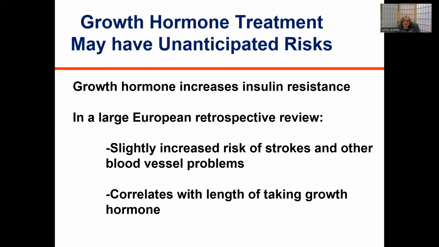So if you took it for 6 years, you had fewer problems than if you took it for 15 years. So it seemed like there was an association, and that might be so because insulin resistance is associated with some vascular problems that we're aware of. And so maybe this is true, but it's certainly a small association, and it has not stopped most of us from treating children who need it with growth hormone, and certainly the Food and Drug Administration has not prevented us from doing this.